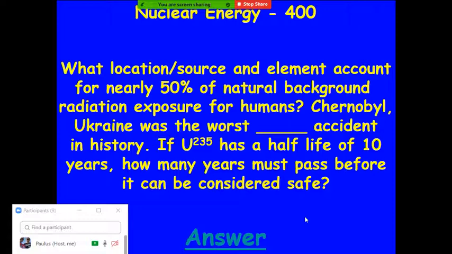There are certain types of crust, primarily granite, that actually store background radiation. So just living near those things, you get exposed to a little bit, but it's not enough to obviously create health concerns because then nobody would be living there. Chernobyl, Ukraine was the worst blank accident in history. If U-235 has a half-life of 10 years, how many years must pass before it can be considered safe?